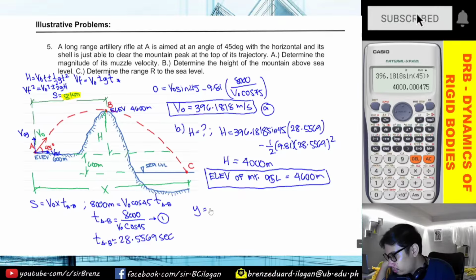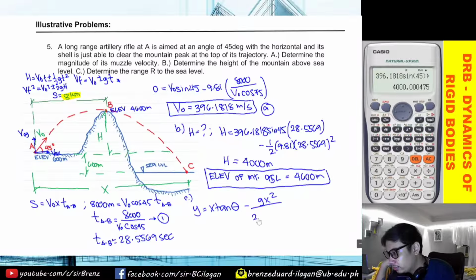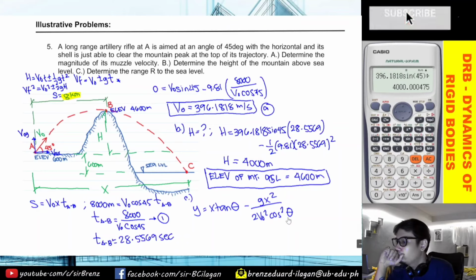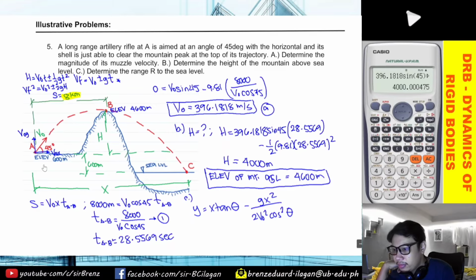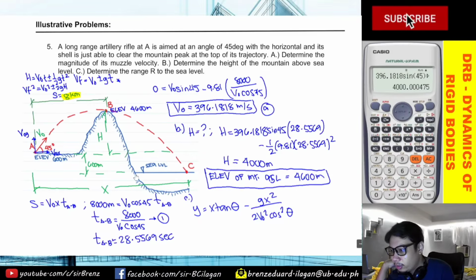So y is equals to x tangent theta minus gx squared all over 2VO squared cosine squared theta. From which yung gagamitin natin na y dito is itong 600. Okay? Kasi yung point C mo is 600 below point A.